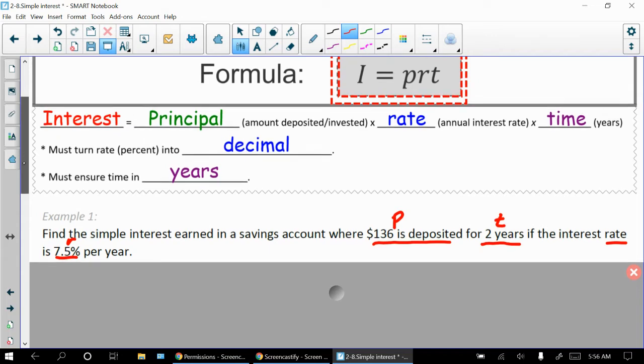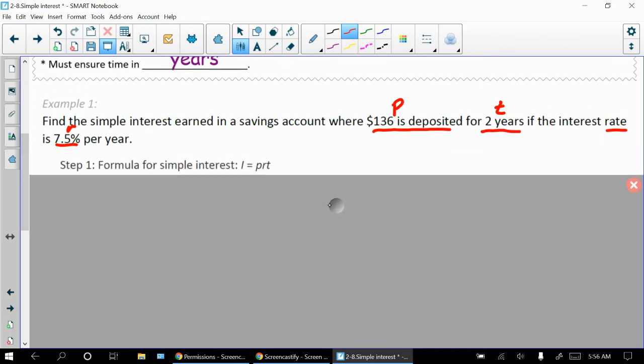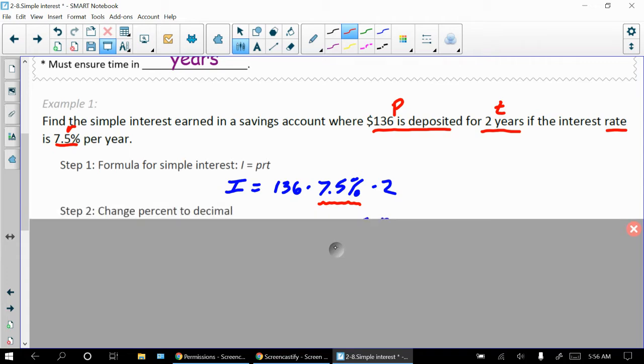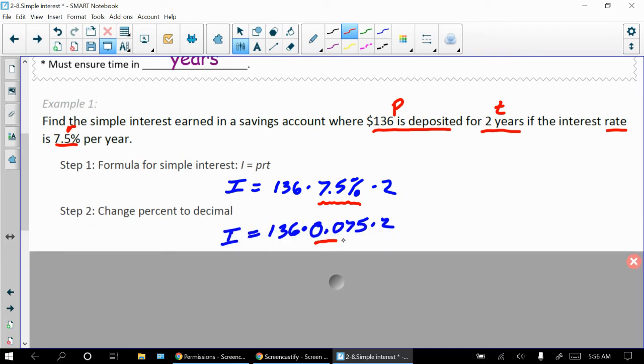Then I can figure out how I'm going to put this into the formula. I first put it down like this. But like I said, we cannot really multiply with a percent. We have to turn it into a rational number or a decimal. Remember, if you have a percent and you want to turn it into a decimal, you divide by 100.